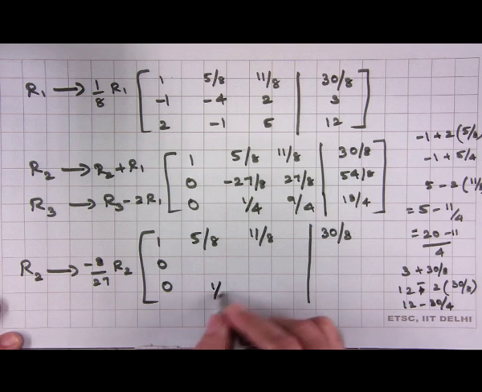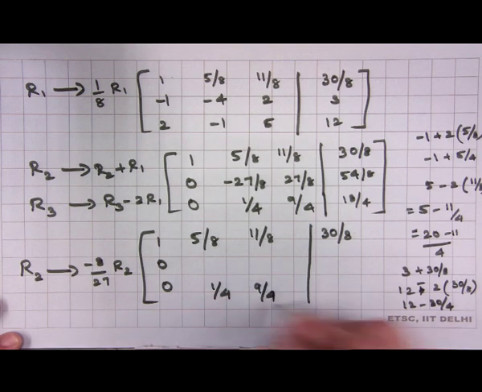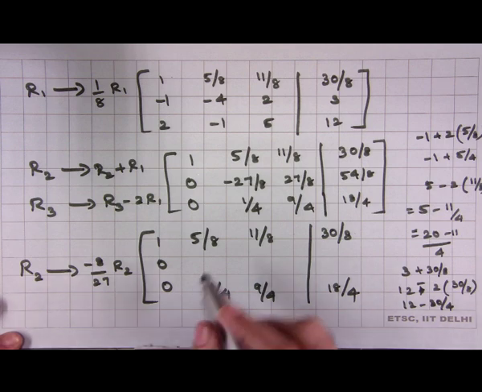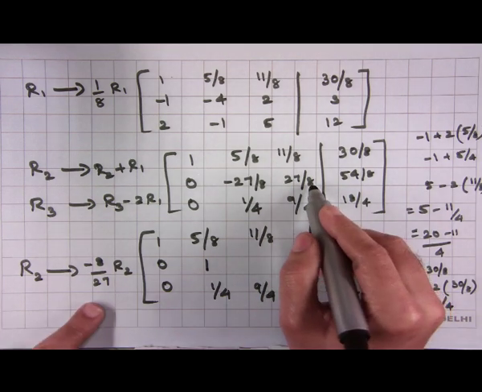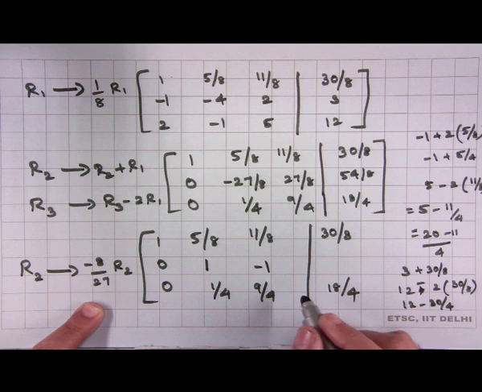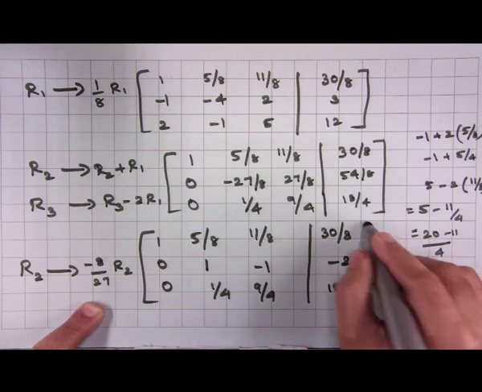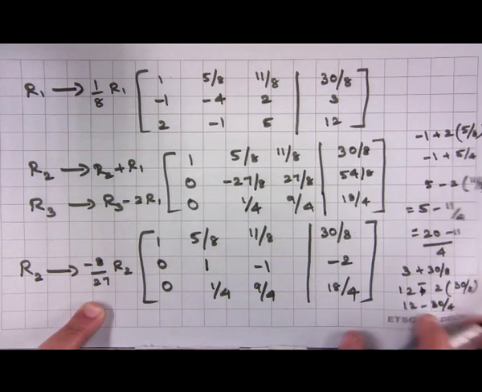I will just have 1 by 4, 9 by 4, 18 by 4. Fine. Now, if I multiply, this will become just 1, the remaining term I will have 20. So, I will have minus 1, I will have minus 2.